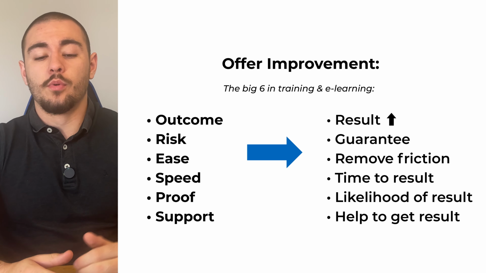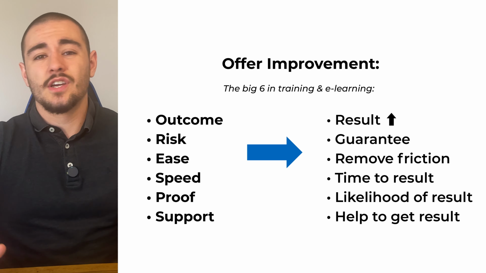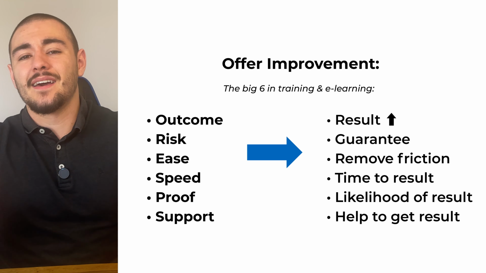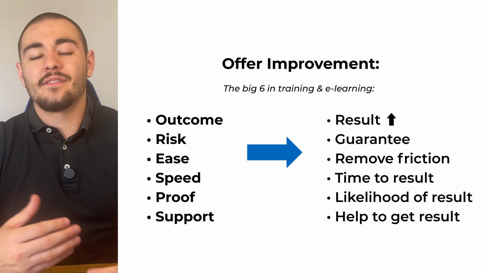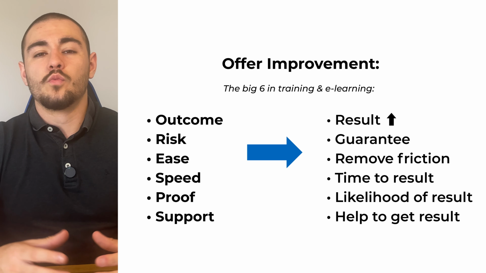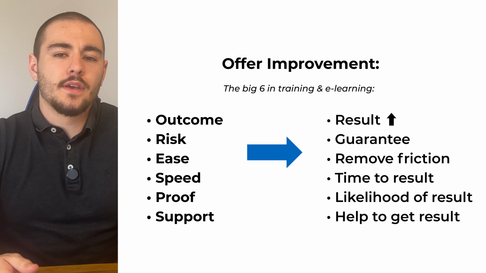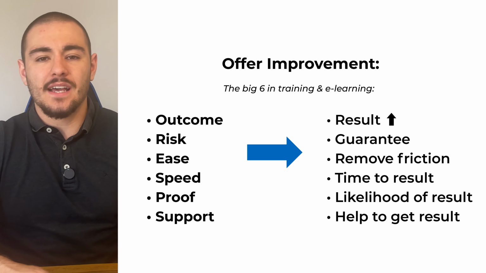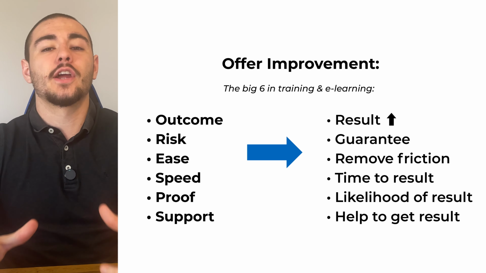The last one is support, which is how can you help the person get better results just by holding their hand, right? So how can you just guide them, maybe getting them more accountability, maybe having calls with them? Can you remove parts of the process? Just think about how can you help them get results by giving them more support. And again, all of the 6 elements, it's not just about doing them, it's about actually marketing them, right?